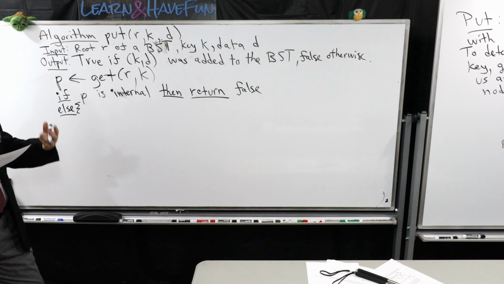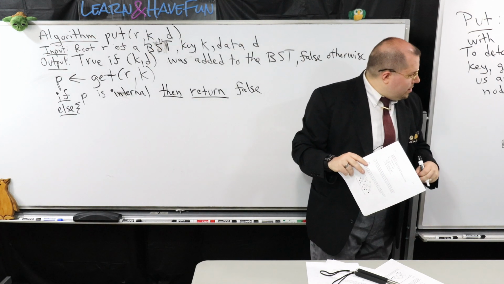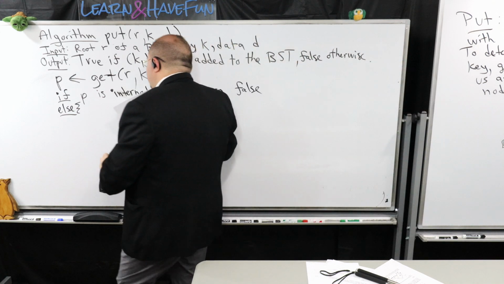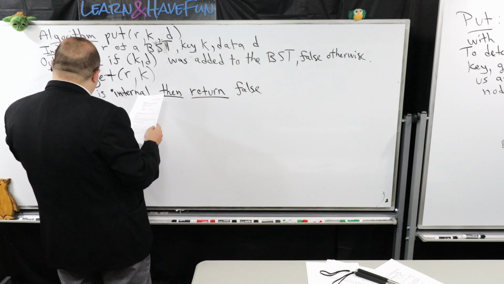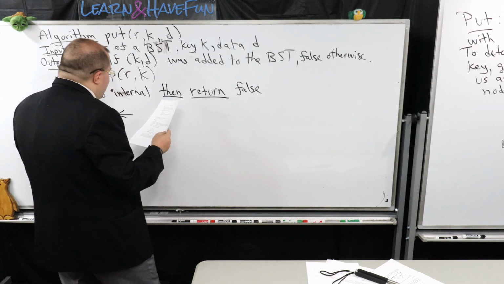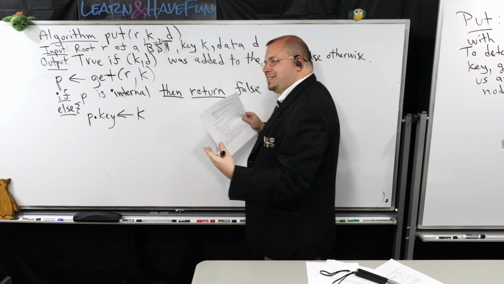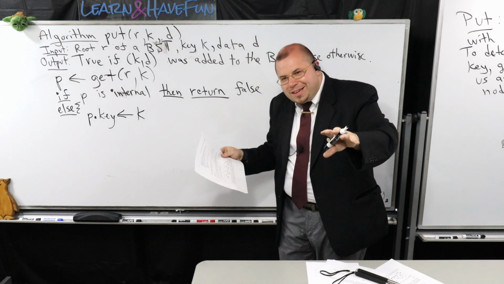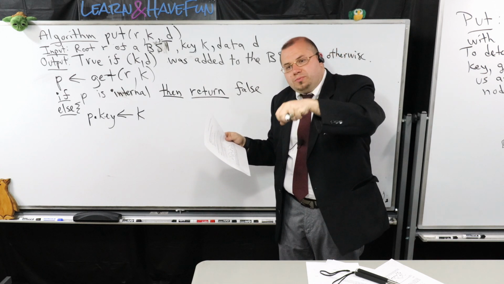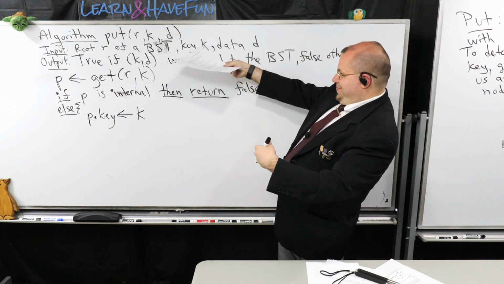Otherwise, I'm hitting a leaf node. As I'm going through this process, I'll be at node P. So I'm going to update its key and its data. Right now, this information might just be a pointer to some object, currently a null pointer. For simplicity, I'm going to write them out separately, but typically if you have your records and key data tied together as a single object, you just update it with the record.